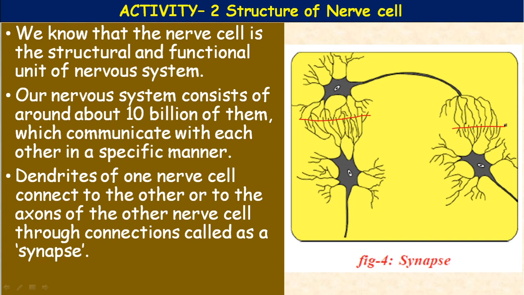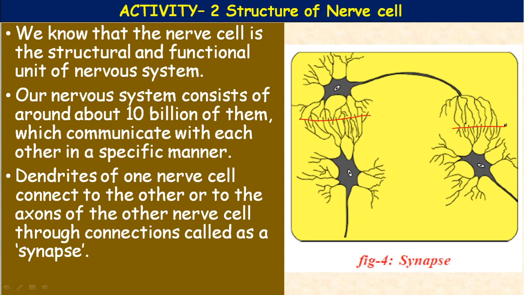Okay, children, very simple definition for synapse. But there is no protoplasmic connection between the two neurons. There is no connection. Okay. The synapse comprises the junction formed by two membranes, one from each cell, and the fluid filled space between the membranes.